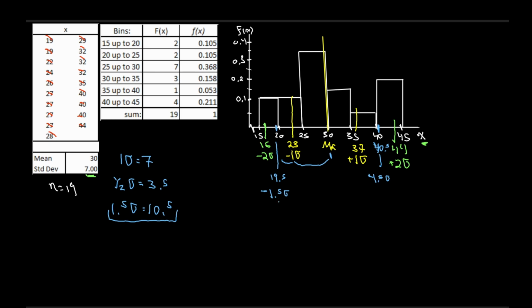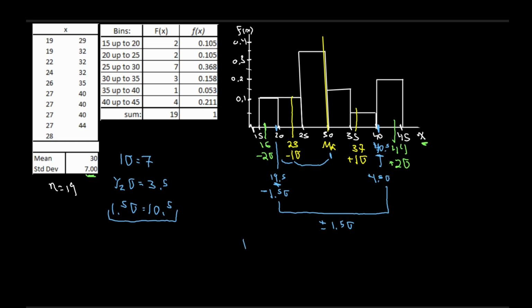Okay. What if we wanted to figure out the proportion of observations that is going to fall within plus or minus 1.5 standard deviations of the mean? Well, again, just like before, we actually have the tools that we can just go and calculate this. So here, let's get rid of all of our red dots so we can actually calculate that. In this case, because we have the data, we can just go through and say, okay, we're interested in values bigger than 19.5, less than 40.5.